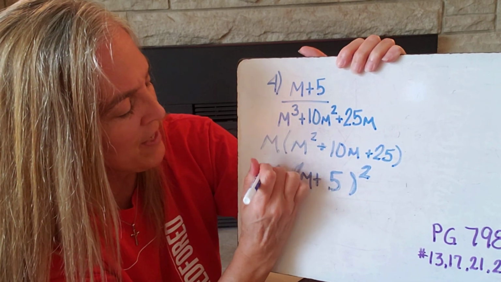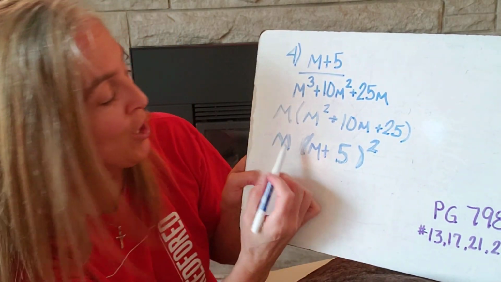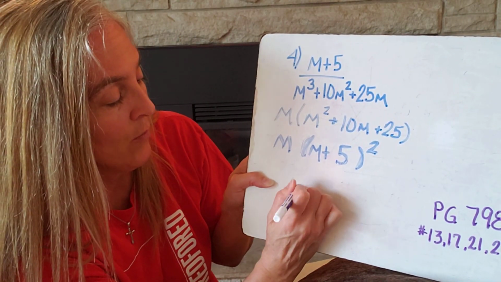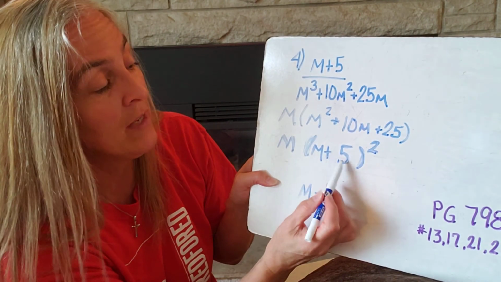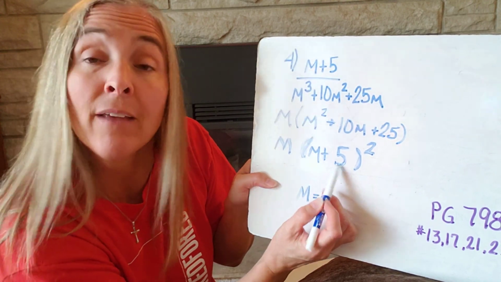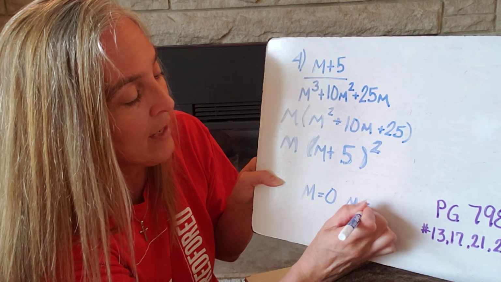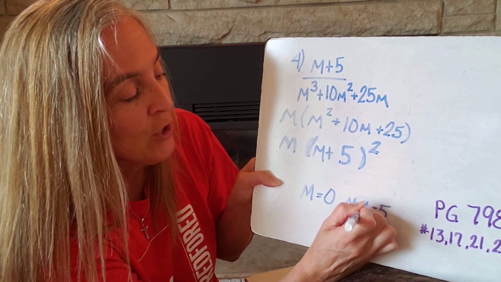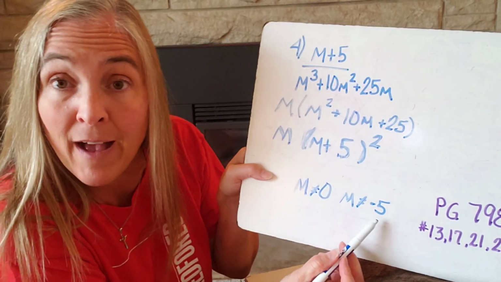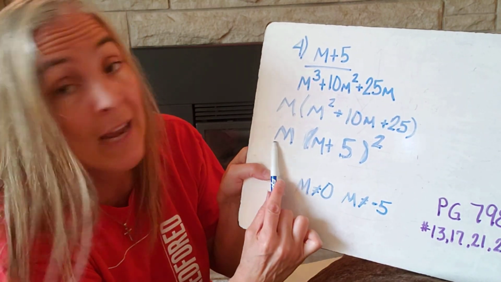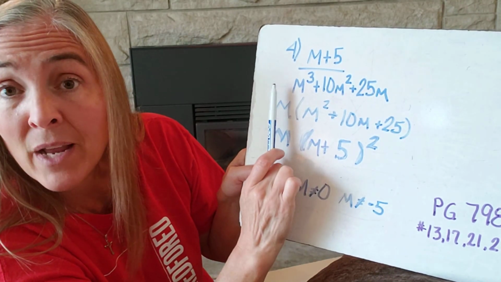So when I set this denominator equal to 0, I want you to notice m would either equal 0 in our zero product property, or m plus 5 is going to equal 0. And if m plus 5 equals 0, you subtract 5 from both sides, and you get m is -5. So these two values are our excluded values. This m, you can't have just a 0, because 0 plus 0 plus 0 gives me a 0 in the denominator.